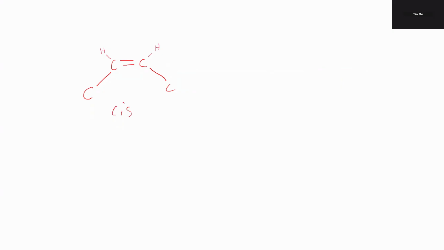And for a trans conformation, we can form the same three bonds, except the carbon is now bonded to the top. Now, in the trans configuration right here, the trans fat is easily stackable, right?